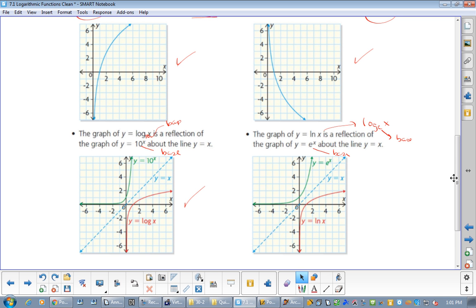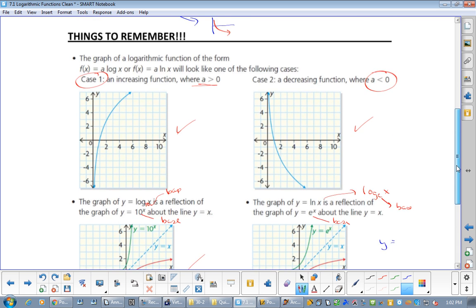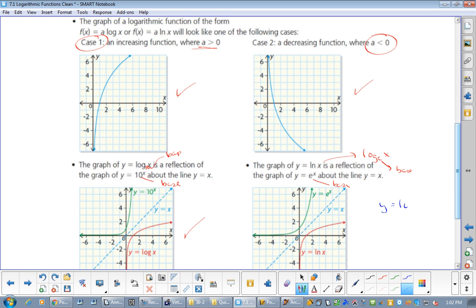Tomorrow I'm going to teach you way more how to manipulate these. Today's just learning the graphs, taking it slow. Yes? Okay, say that again. Where'd you get that from? Off the top of your head? So, log a to the x, you can switch these. X will be a to the y. These two are actually equivalent.